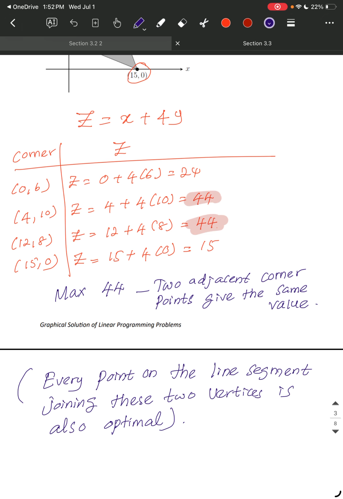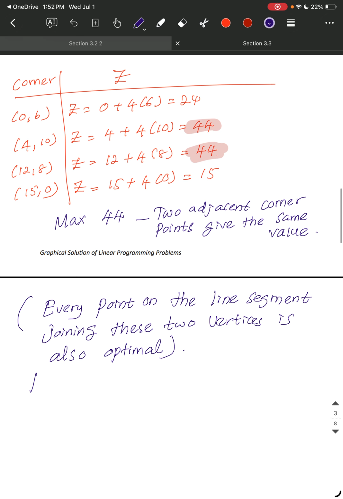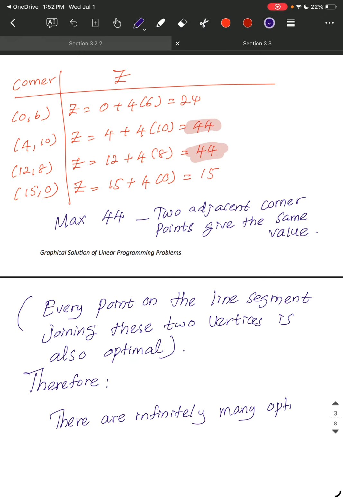Therefore, there are infinitely many optimal solutions. This is one of the special cases you will see in linear programming.